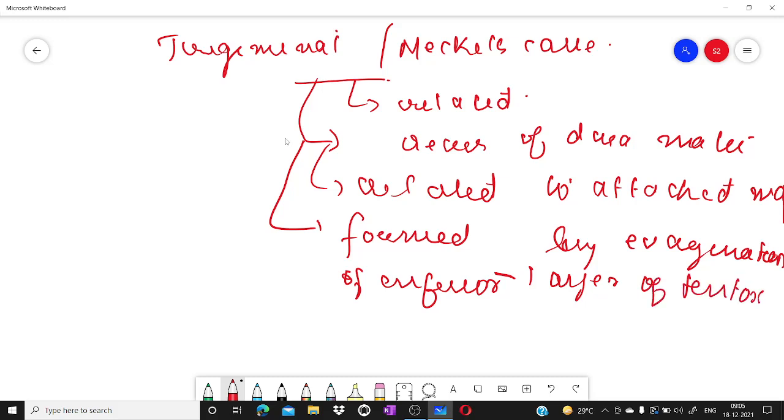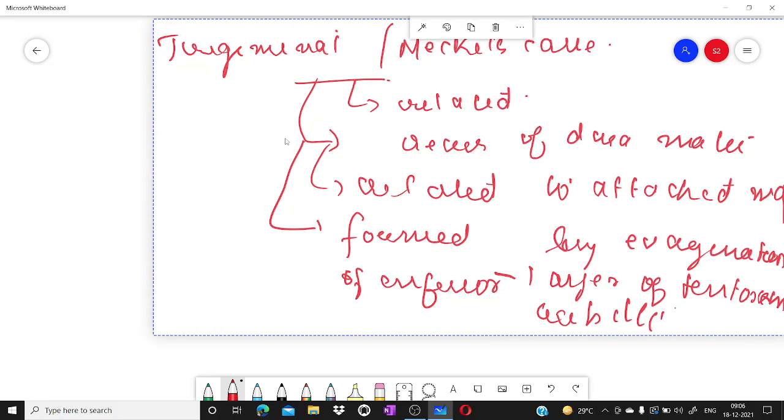So this is another important point. That is all about the tentorium cerebelli. These are the important points.